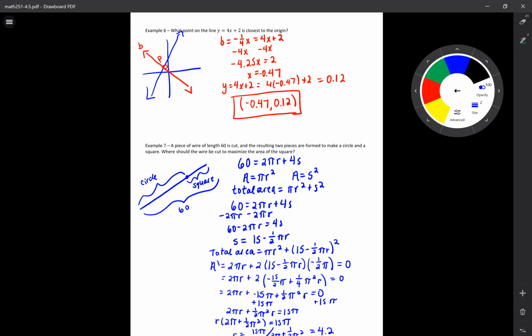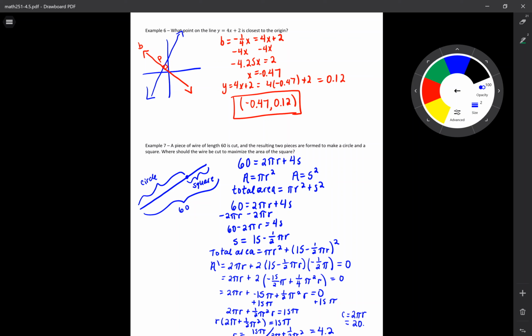So we just solved for the radius of the circle. That's not where I need to cut my piece of wire though, because this is just the radius, and what I'm caring about on the piece of wire is the circumference. So if I have a radius of 4.2, my circumference is equal to 2 pi r, which in this case is, wait, 26.39?